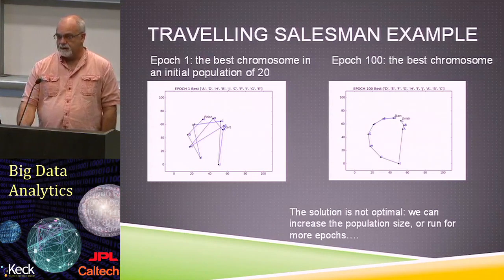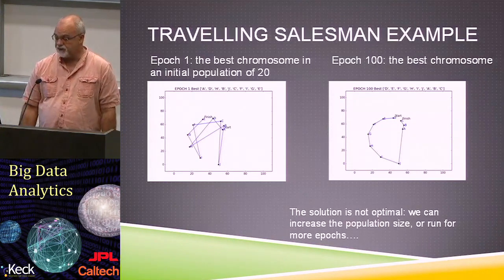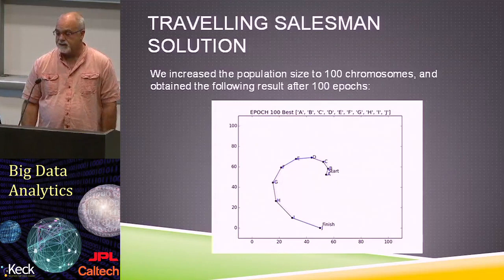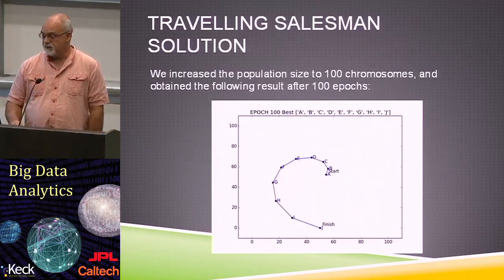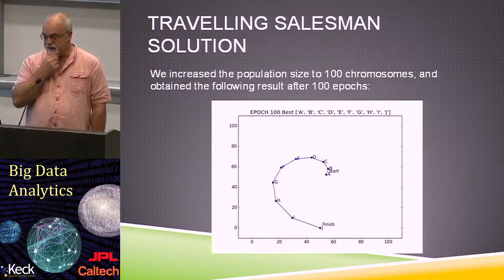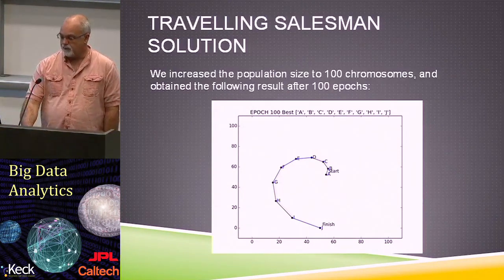Now, faced with this, it's of course easy then to just increase the population size or to let the genetic algorithm run for longer. If you increase the population size to 100 in this case, then after the same number of epochs, you find that the genetic algorithm converges on a good solution.